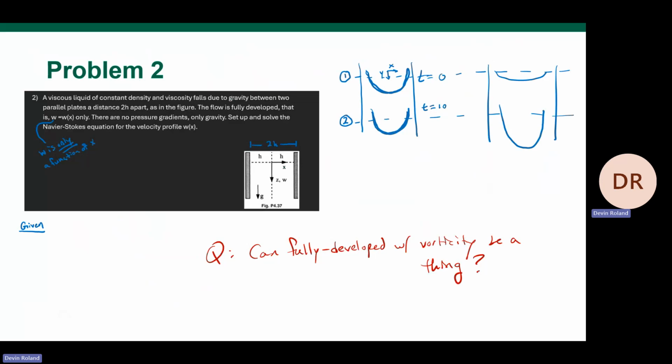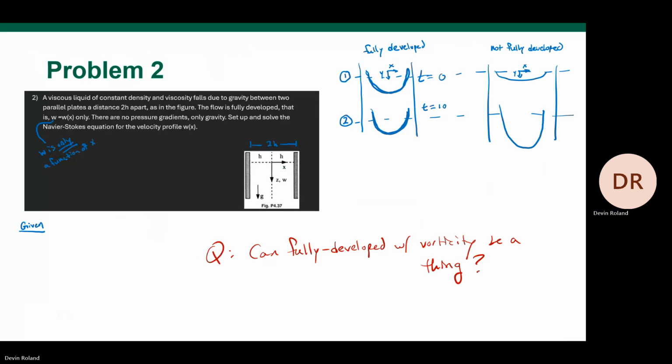It's not changing. Whereas on the right-hand side, this is fully developed. I'm going to denote that clearly. And this is not fully developed, because you can see that velocity profile is changing as you move down the pipe.